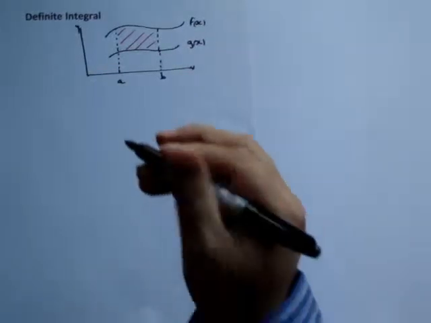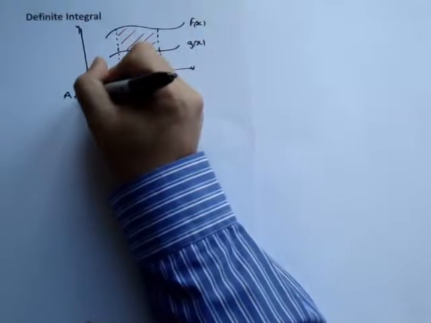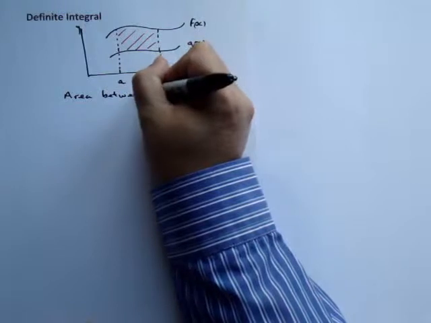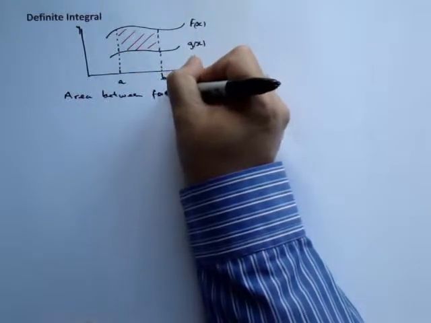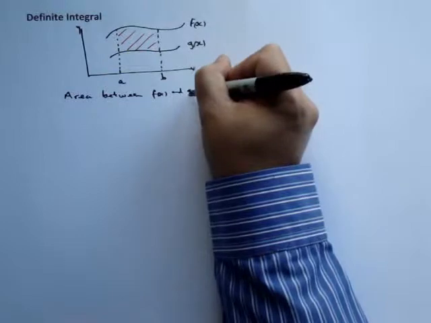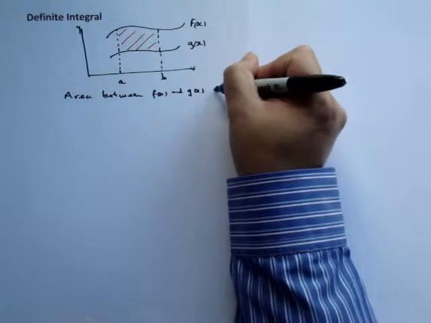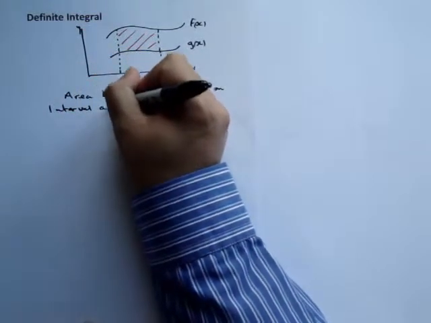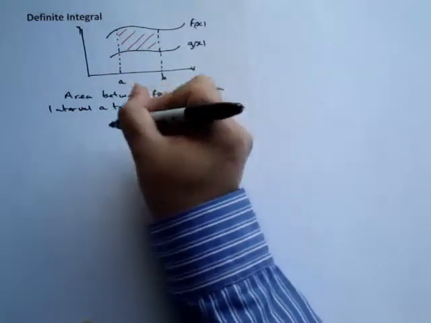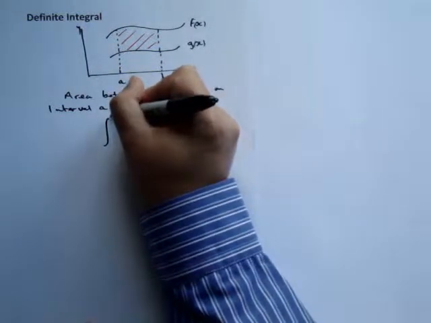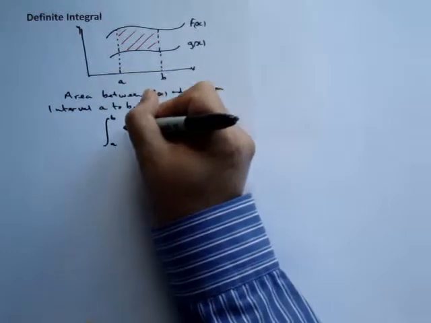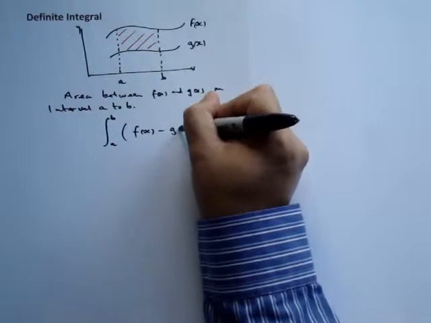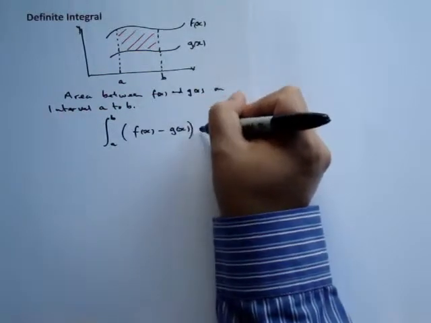We can write that the area between f of x and g of x on the interval a to b is given by the definite integral from a to b of f of x minus g of x dx.